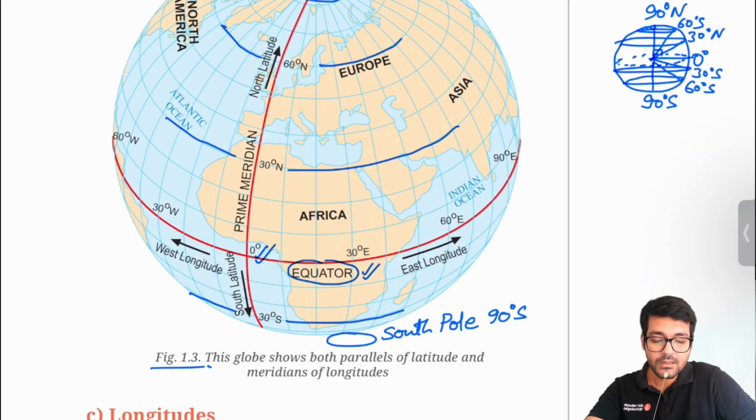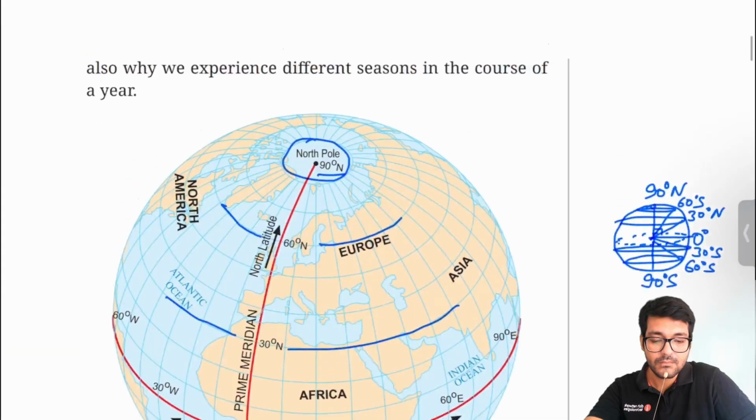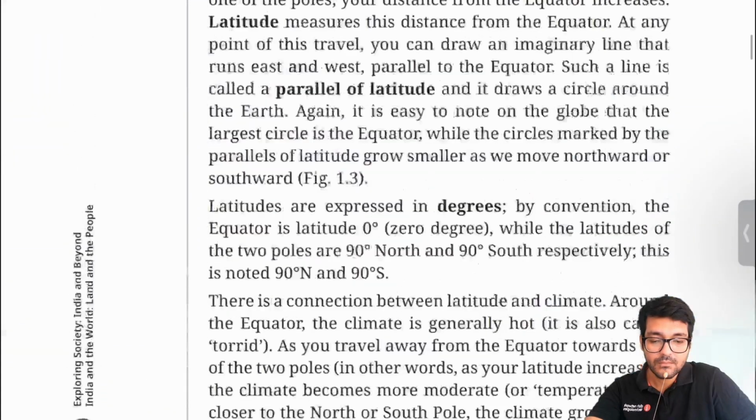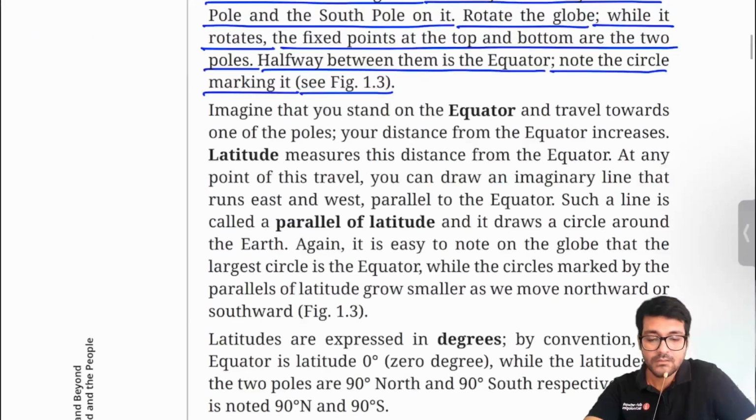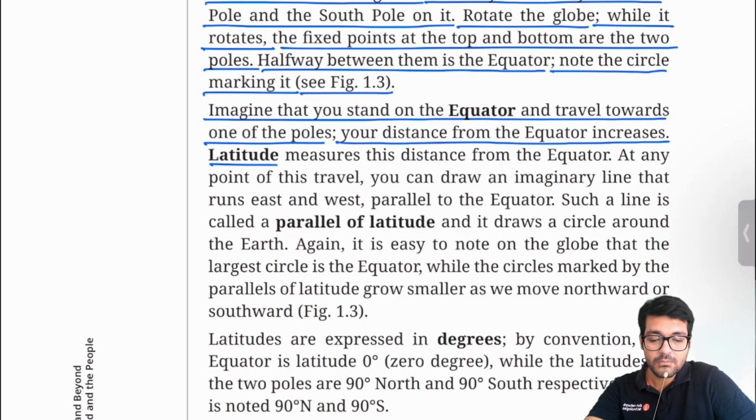Figure 1.3. This globe shows both parallels of latitude and meridians of longitudes. Imagine that you stand on the equator and travel towards one of the poles. Your distance from the equator increases. Latitude measures this distance from the equator.